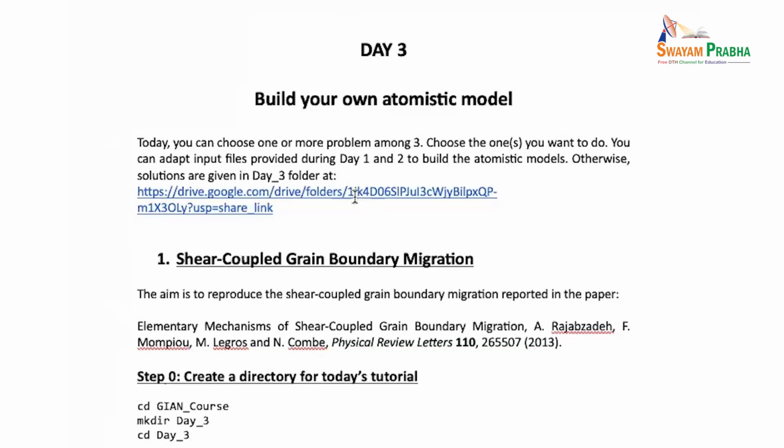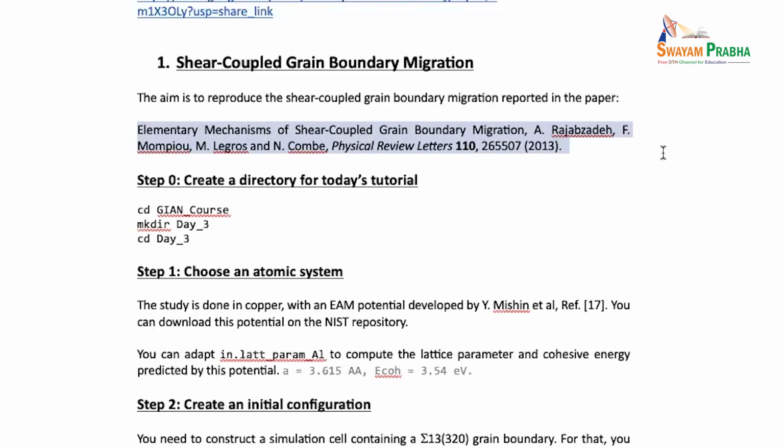I took it from a PRL paper written by some of my friends. There's this shear coupled motion: you have a grain boundary, and you shear the crystal, and the grain boundary actually moves because you are shearing the crystal. It will go either up or down depending on the shear.